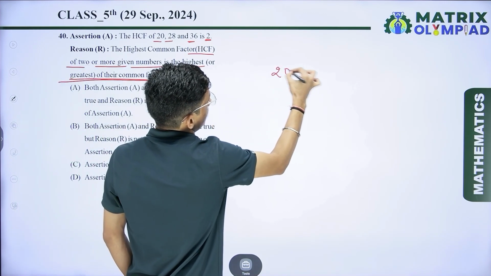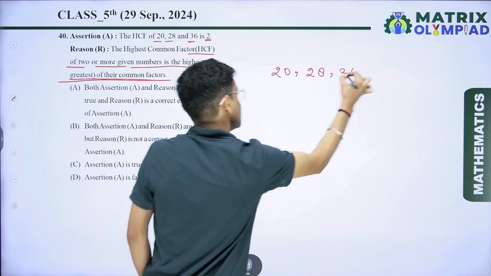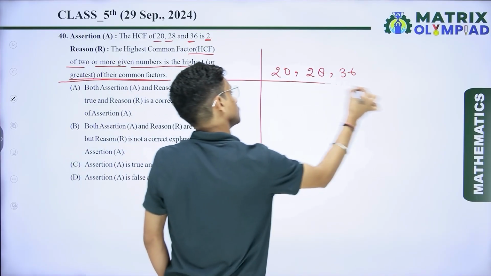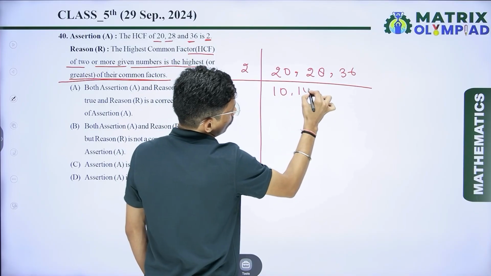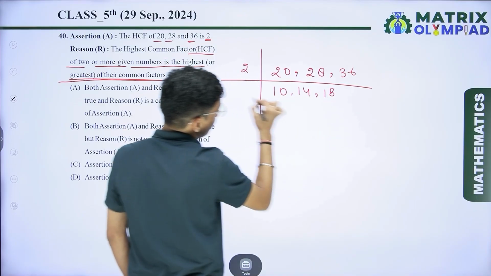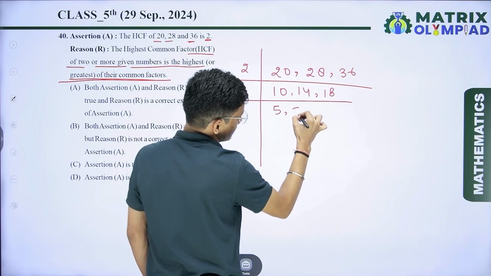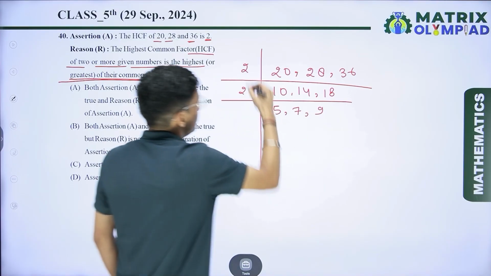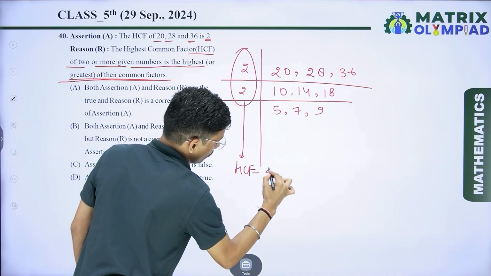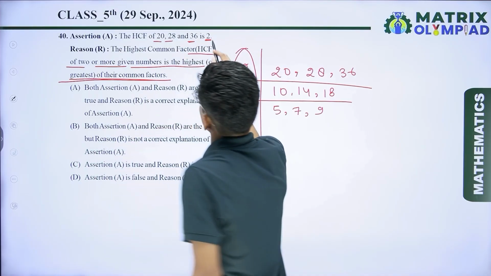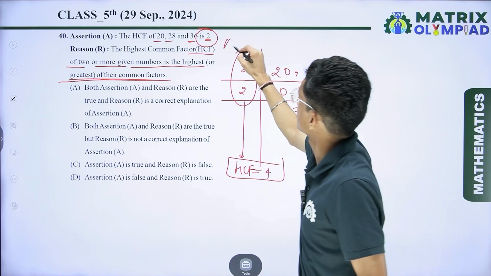So HCF of 20, 28 and 36 is, first we take 2, smallest number, then 10, 14, 18, again I take 2, 5, 7, 9. Here I get HCF, it is 4, but here the given HCF is 2, so I can say that assertion is wrong.